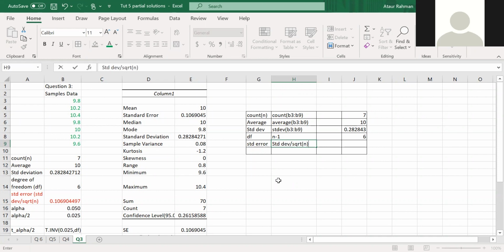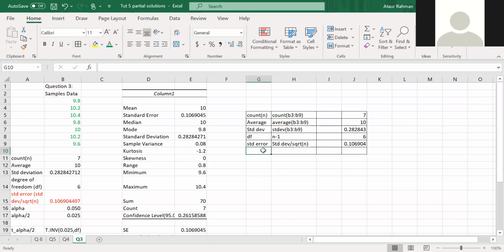So my standard error is the standard deviation, this cell here, divided by SQRT of n. n is our 7, the count cell. So our standard error is 0.1069 and so on.